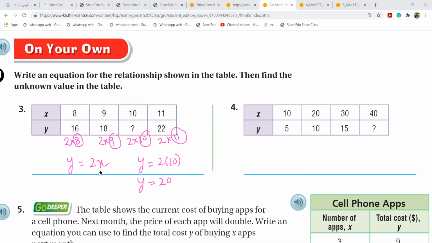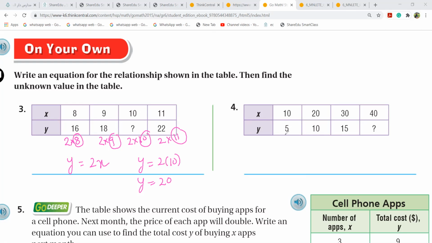You need to write the equation. How do you write the equation? By looking at the y. Y is 2 times x: 2 times 8, 2 times 9, 2 times 10, 2 times 11. So y equals 2 times x, this is the equation. Now they put a question mark on 2 times 10, so that is 20.